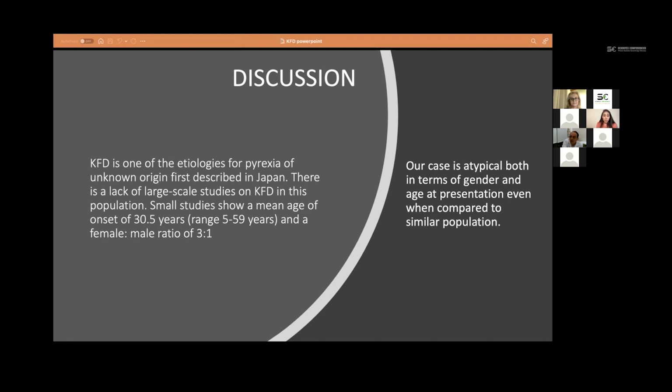There is a lack of large-scale or international studies on KFD, so epidemiology is still not very clear. However, there are smaller studies on African Americans, which do show a mean age of onset of almost 30.5 years, and a female preponderance. So compared to this data, our patient was atypical because he was younger and he was a male.